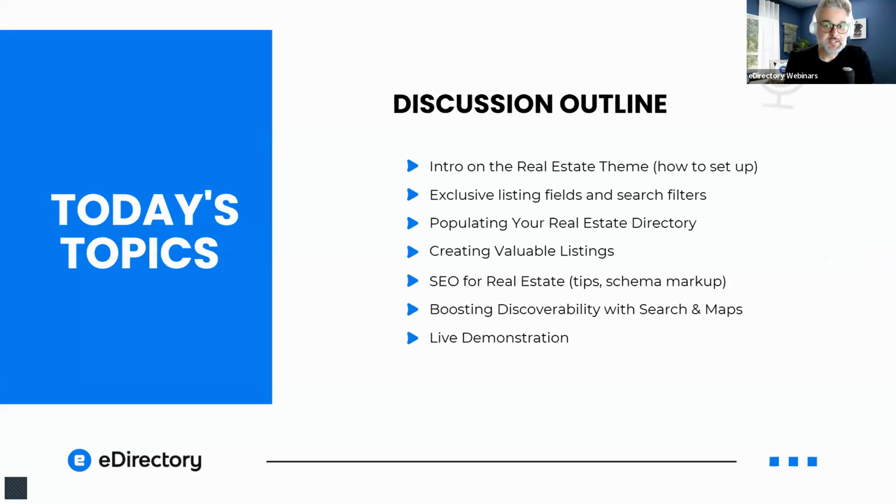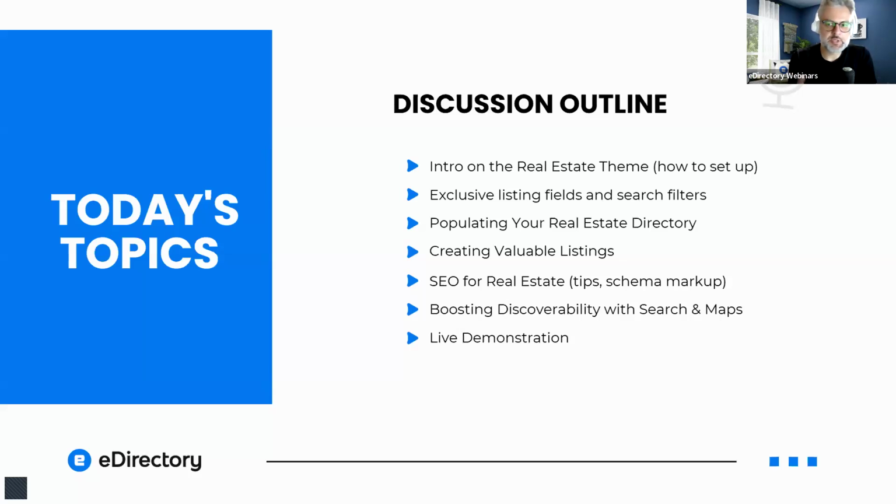Let's take a look at today's agenda. This is what we are going to cover. First, we will do an intro on the real estate theme, including how easy it is to set up. Next, we will explore the exclusive listing fields and search filters that let you build for any niche. Then we'll cover the three main ways you can populate your real estate website.